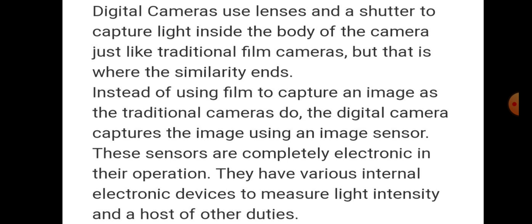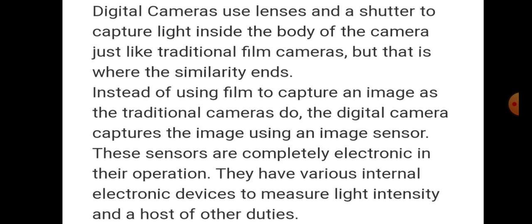Instead of using that film, the image sensor का यूज़ होता है डिजिटल कैमराज में. These sensors are completely electronic in their operation, वो पूरे तरह से इलेक्ट्रॉनिक होते हैं for the operation. They have various internal electronic devices to measure light intensity and a host of other duties.